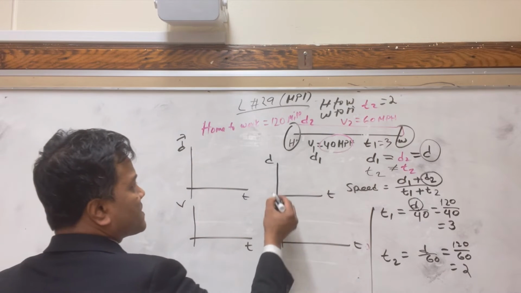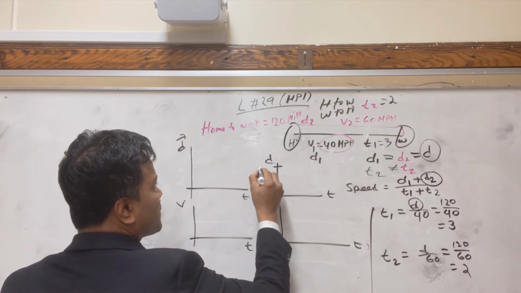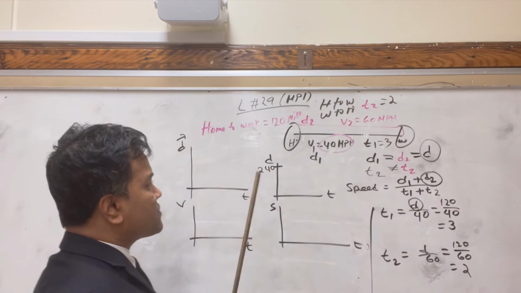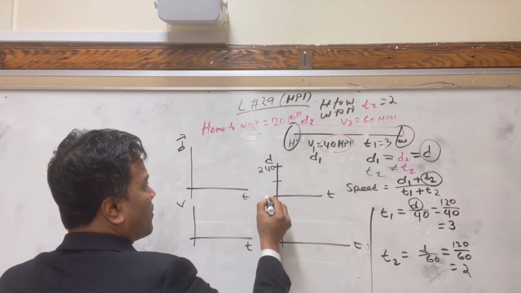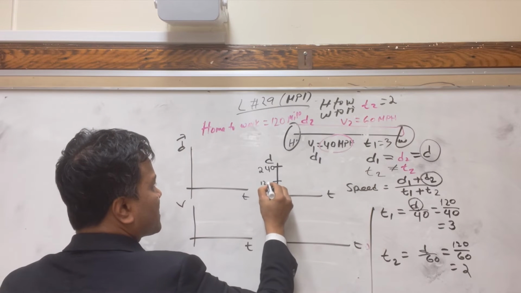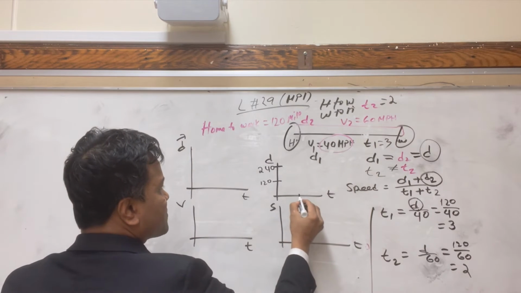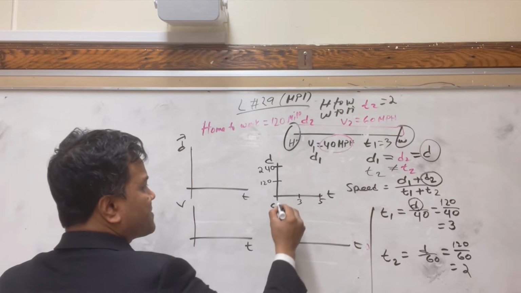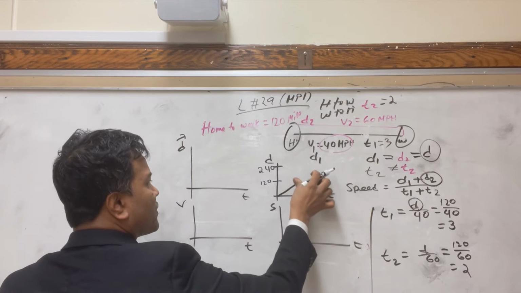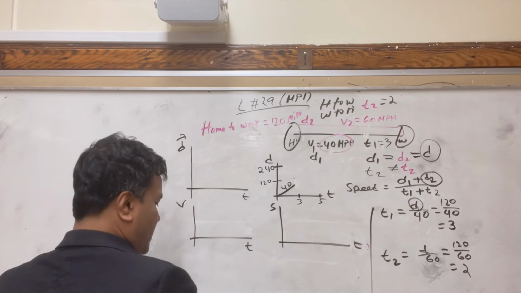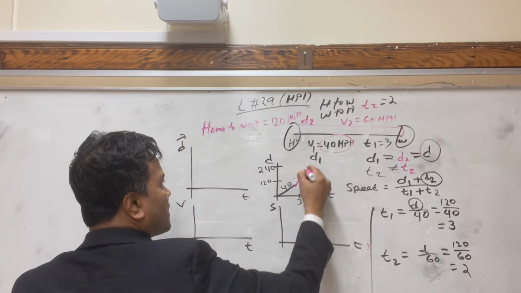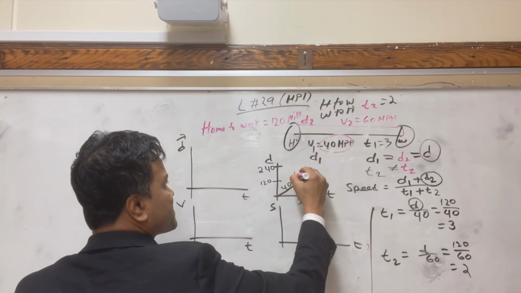So your full distance is 240. Why is that? Because the round trip is 240 and one way is 120. One way takes 3 hours, and the round trip takes altogether 5 hours. The first 3 hours you move with 40 miles per hour, and the final 2 hours you move faster, 60 miles per hour.